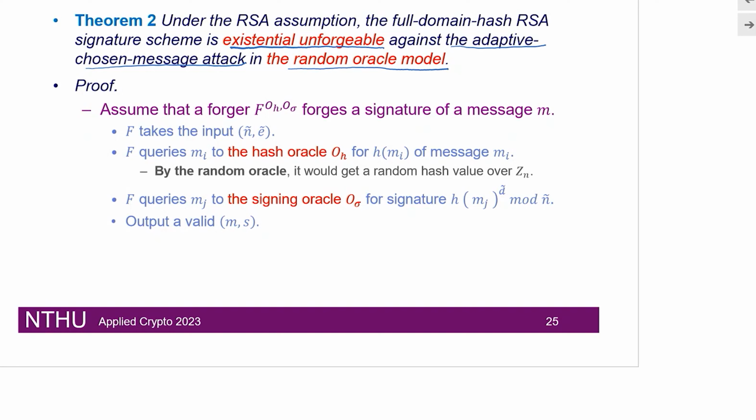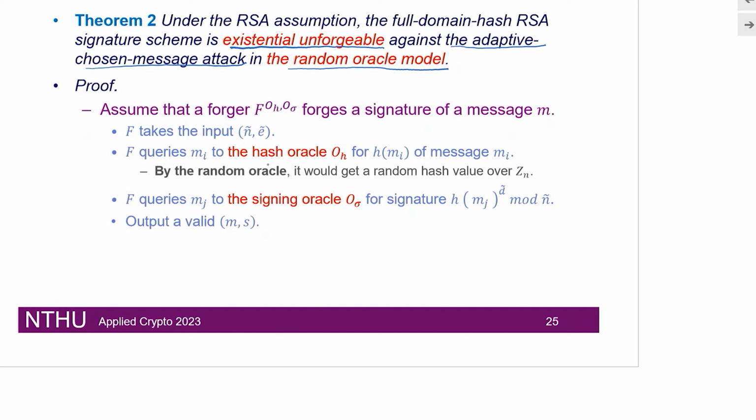Then we would allow F to query our hash function, the hash oracle. Now, we know how to instantiate this hash oracle. We need to create that table, all that stuff that we discussed. So every time you query the hash oracle, we would generate a random value for it, a random hash over Z_N. We choose one of these elements and store it in the database.